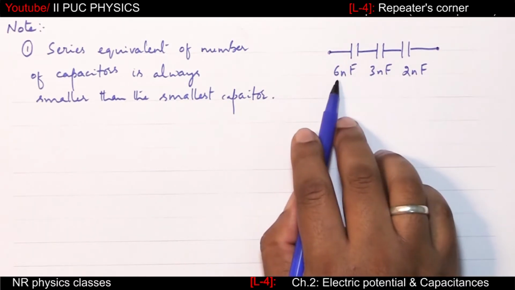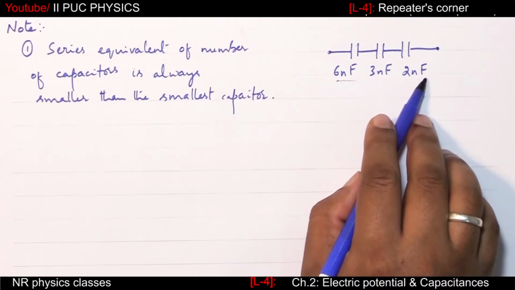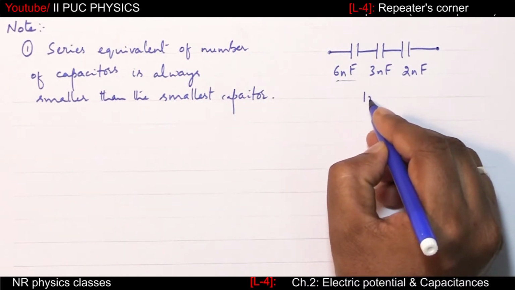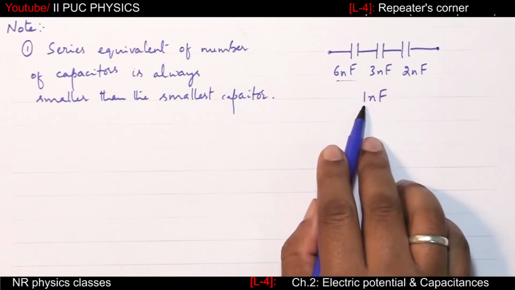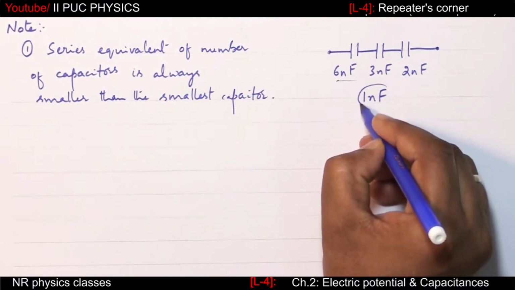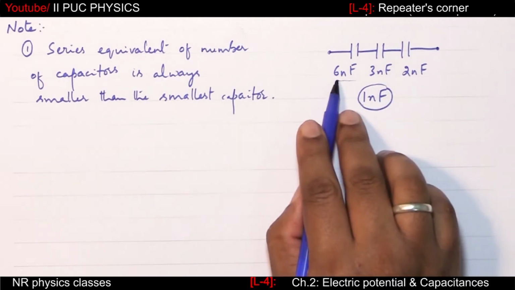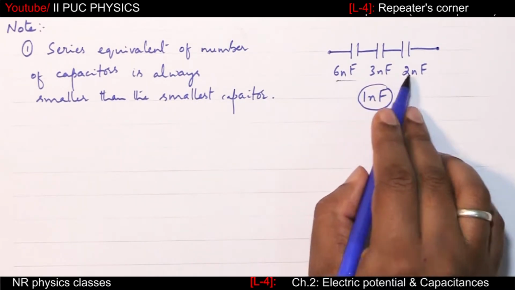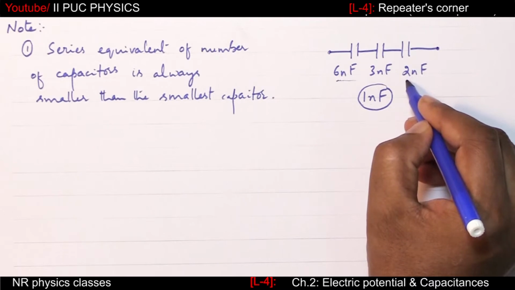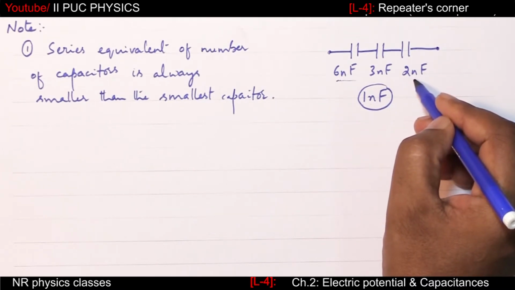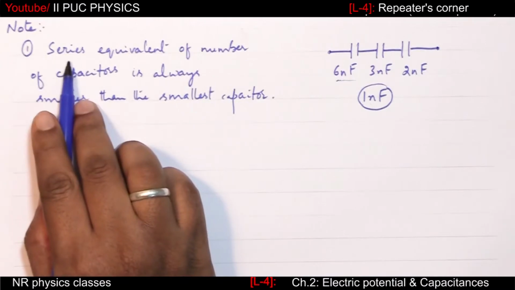If you find the series equivalent of these three capacitors, it turns out to be 1 nanofarad. You will understand how we got 1 nanofarad. And observe, this 1 nanofarad is smaller than the smallest of these three values. So among these three, 2 nanofarad is the least, and even this is smaller than the smallest. That is the meaning of this first note.